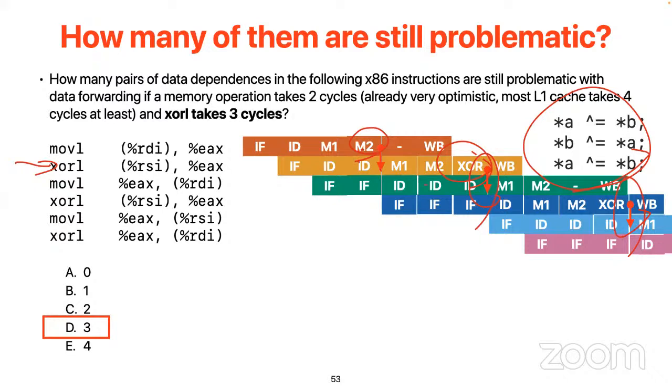At this time, we want to execute this one, and even though no one is occupying the memory unit, we cannot, because we have to wait for the exclusive OR to complete, right? So for this one, we have 3 places that don't allow us to make progress. So this is why this kind of swap operation is really inefficient in modern pipeline processors compared against the simple and naive implementation.